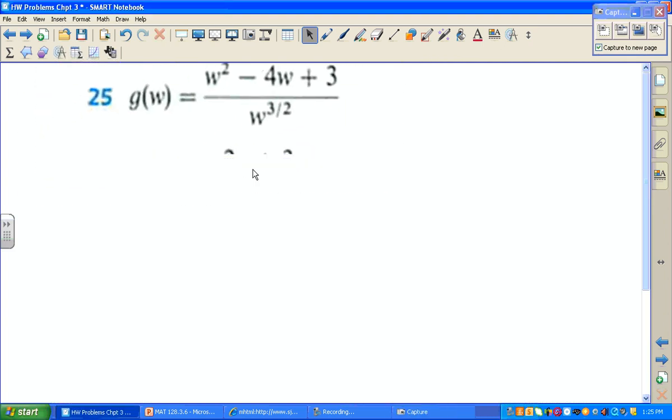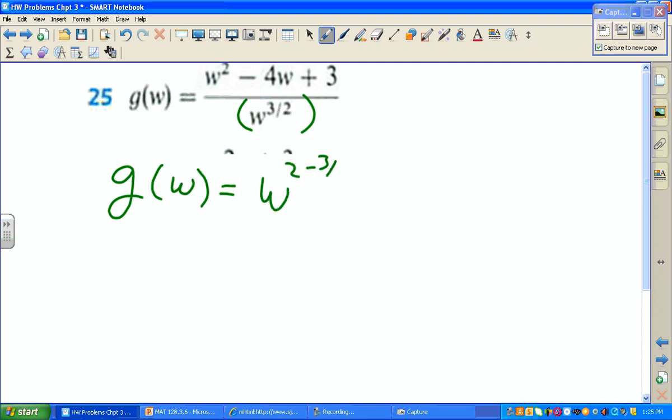25. I would simplify first because there's a single term with a denominator. With a single term in the denominator, I can simplify by subtracting all the exponents that have the same base of w. Why? I avoid the quotient rule. I can rewrite the function as g of w equals w to the 2 minus 3 halves minus 4w to the 1 minus 3 halves, and then plus 3w to negative 3 halves.